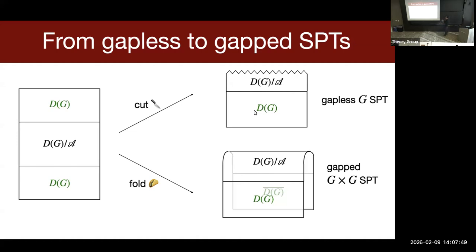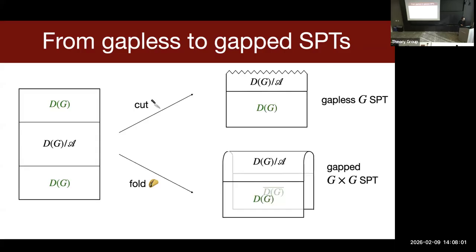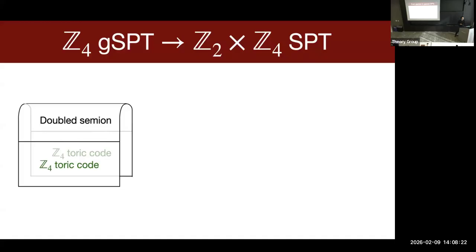This will give you some subset of gapped boundaries. And it's this subset of G times G SPTs that will be in correspondence with gapless SPTs. This subset of G times G SPTs are ones that one should also naturally think of as being G mixed state SPTs, for reasons we'll see in a second.